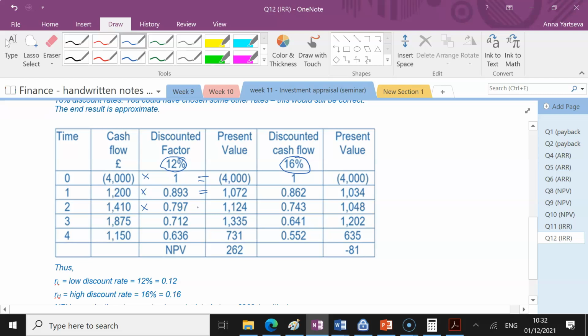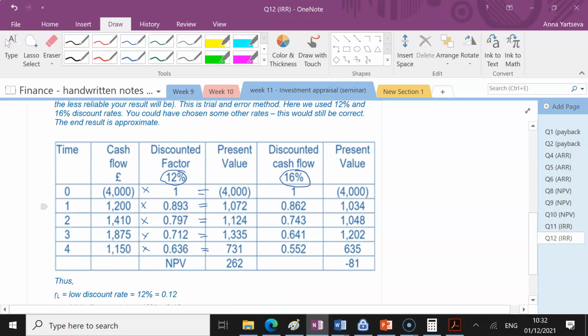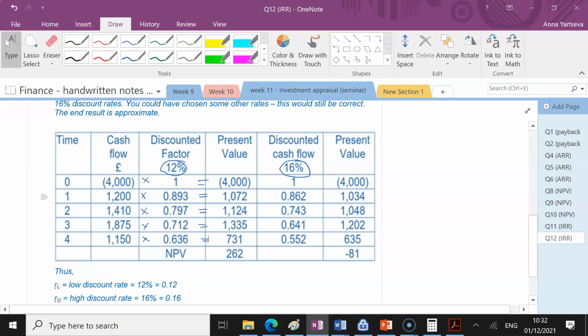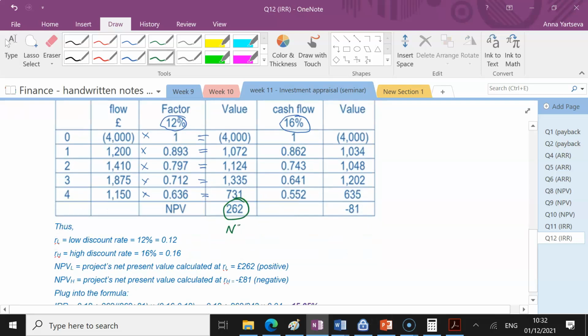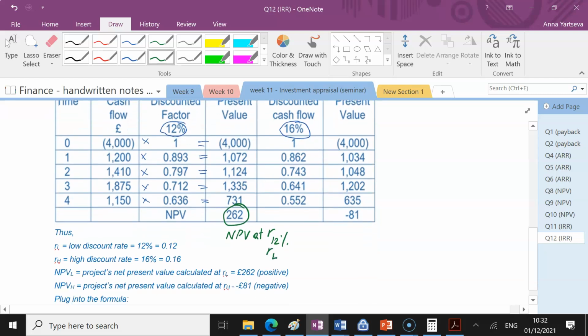Next, cash flow 1,410 multiplied by discount factor, got this, and so on. So we've done this with every cash flow and calculated the present value. This is our net present value calculated at discount factor equal to 12%, which is our low discount rate, RL.